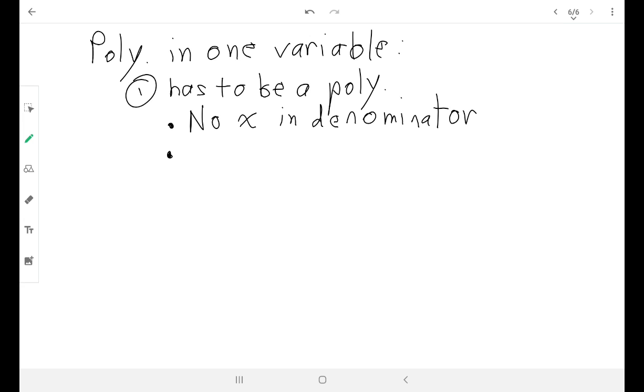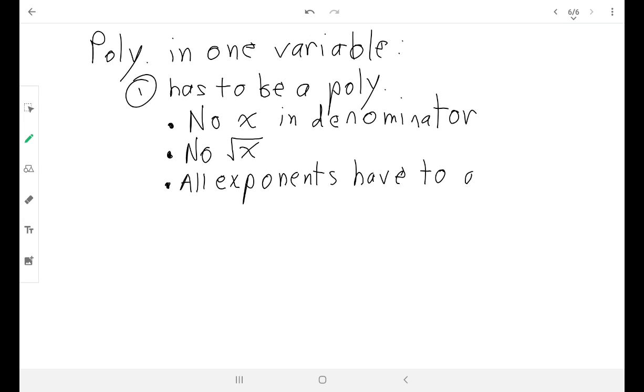The second thing to look for is no square roots of x or even other roots of x. And the third thing is all exponents have to be whole numbers.